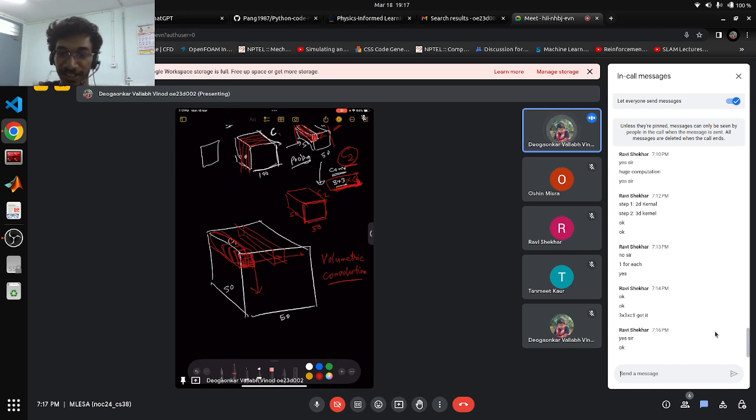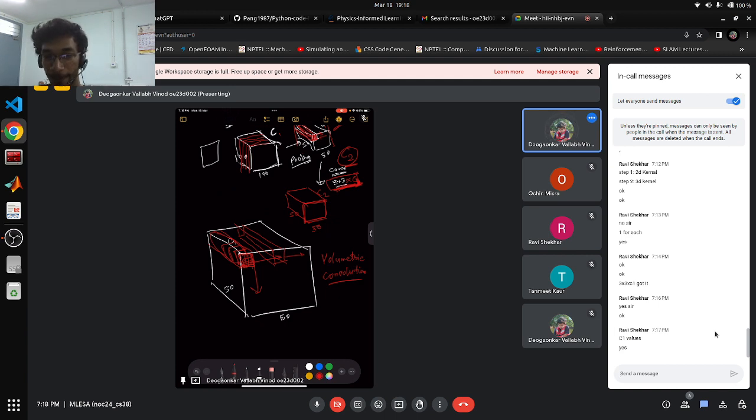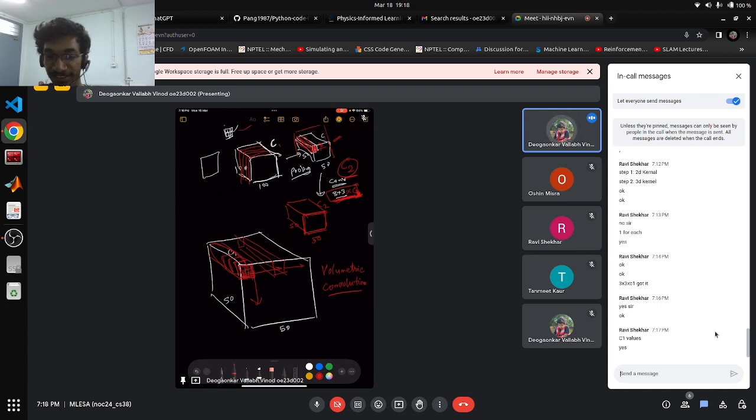Each of the different layers denotes something different. They came from a different kernel. So I should have not C1 values, but 3 cross 3 cross C1 values. So each of the kernels that I am having for the next procedure has 3 into 3 into C1 number of parameters.